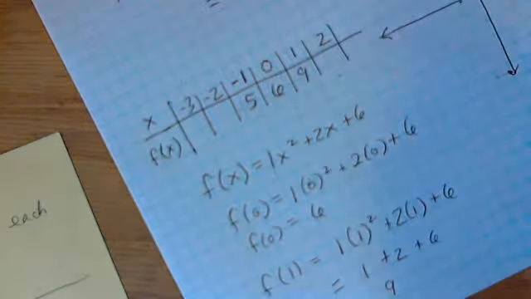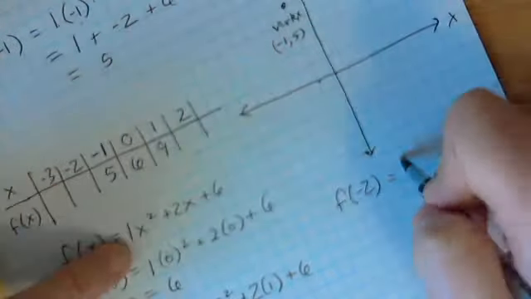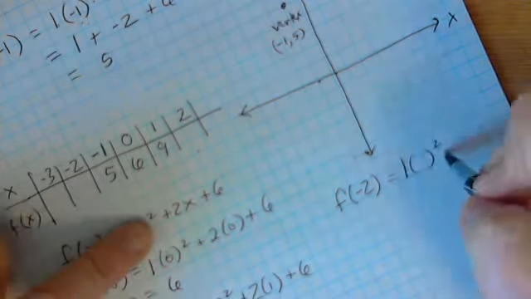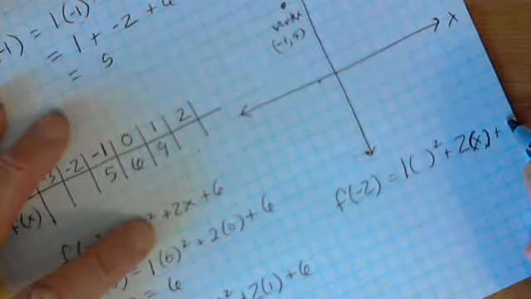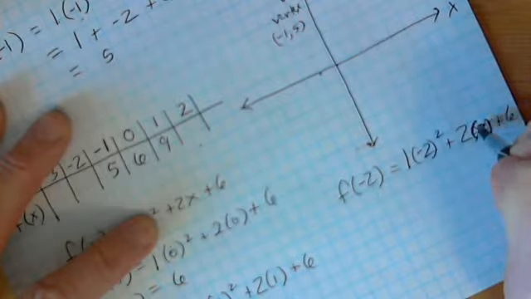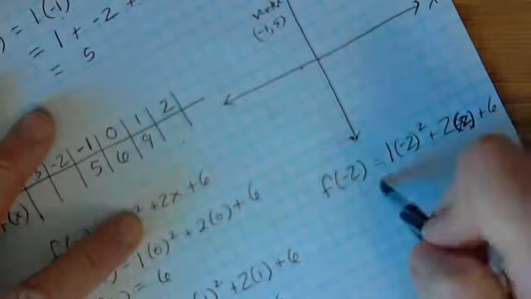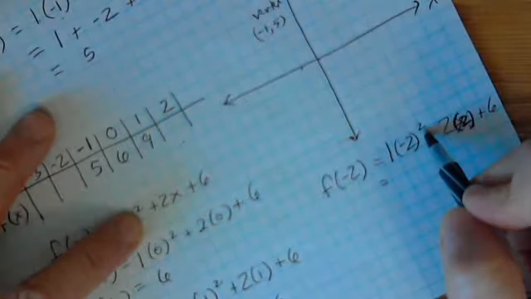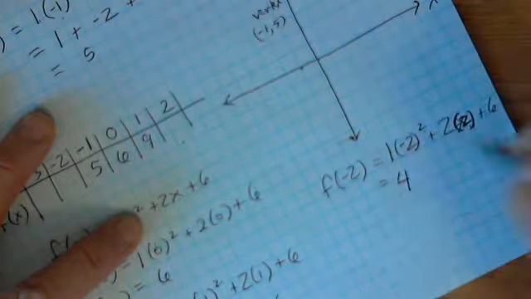Let's go backwards and do f of negative 2 now, because you're going to see a pattern here that's going to help you do these more quickly. So again, I'm going to take that function, 1 times x squared plus 2 times x, I'm going to put a pocket there, plus 6, and wherever the x was, I'm putting a negative 2. And I kind of goofed this up here. Hopefully you can see that that's going to be a negative 2 there. Alright, negative 2 times itself is positive 4, and positive 4 times 1 is 4.